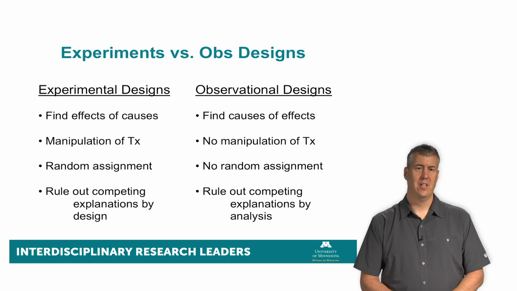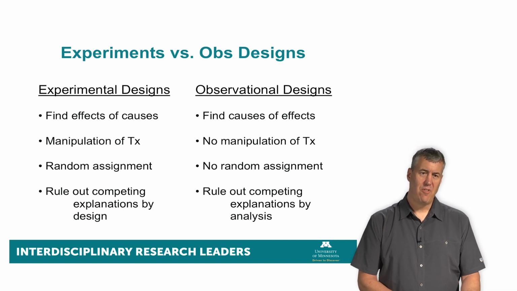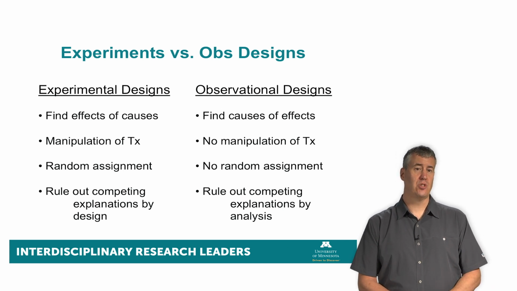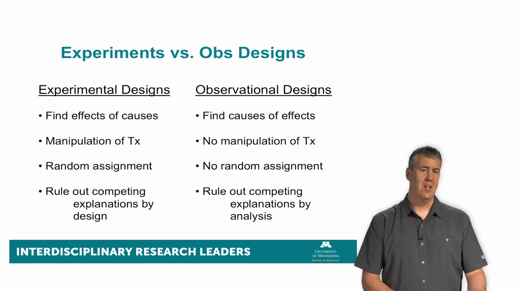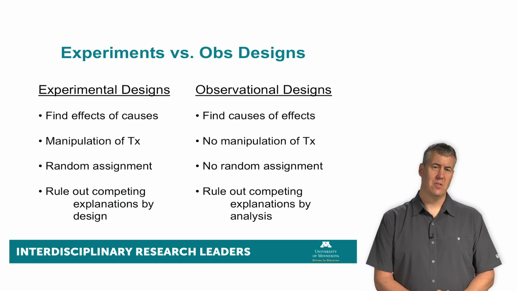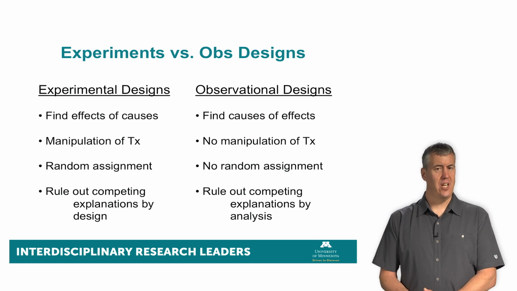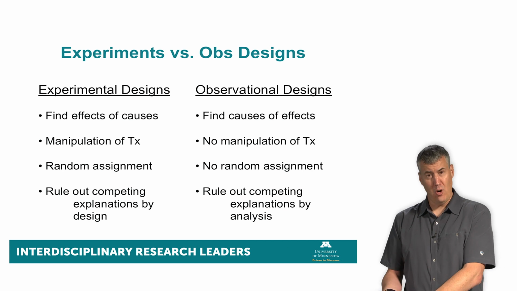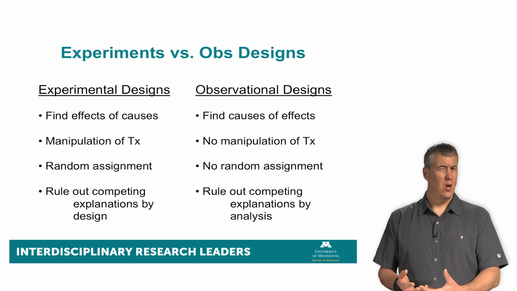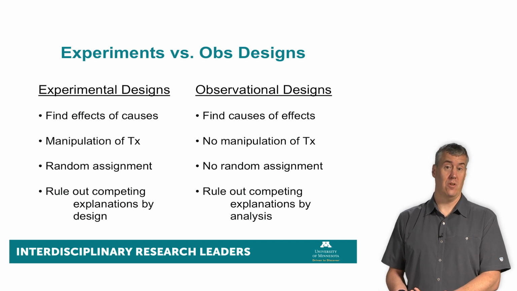Here's a little summary. In an experiment, we try to find the effects of causes. We manipulate or change the treatment. We have a random assignment, and we rule out competing explanations through the design itself. In an observational study, we try to find the causes of effects. That is, we observe the differences in health and try to see what caused it, appreciating all kinds of things could have caused it because we didn't manipulate anything.